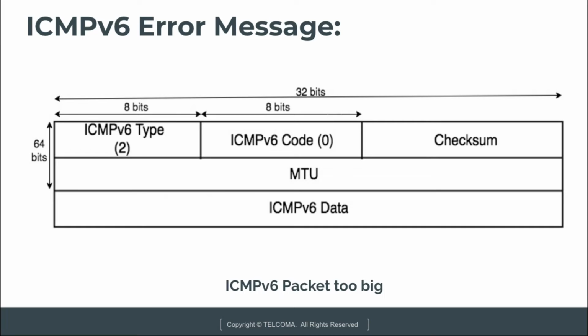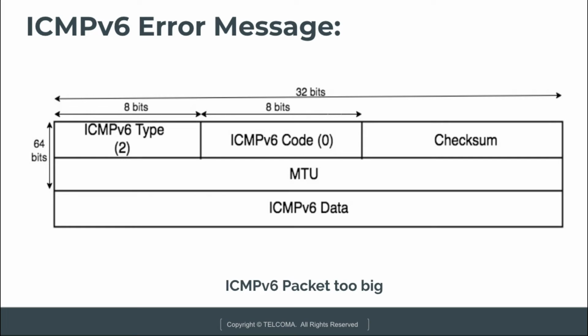The next part is the ICMP version 6 error message indicating packet too big. Here the type field has the value 2, which indicates that this is the packet too big error message. The code value here is 0, and there is a checksum field, the MTU field, that is the maximum transmission unit, and the ICMP version 6 data.